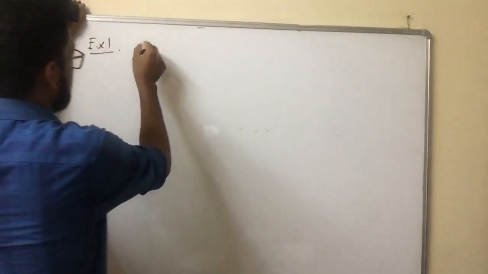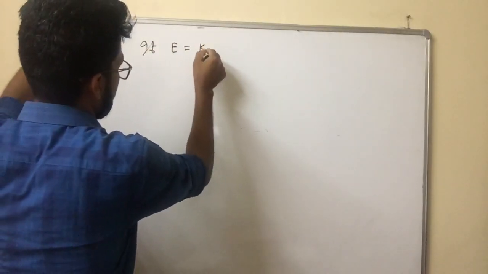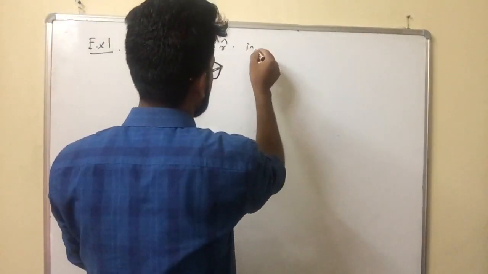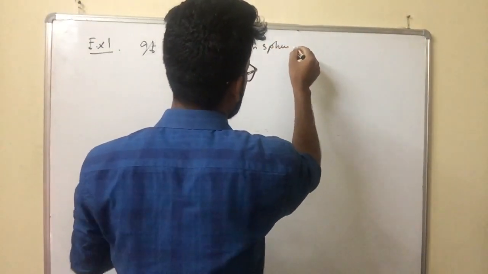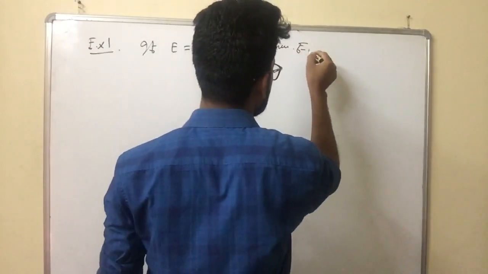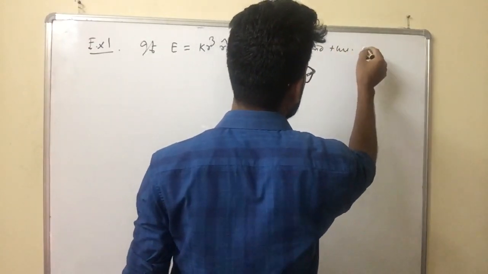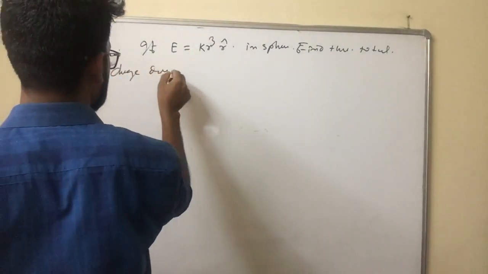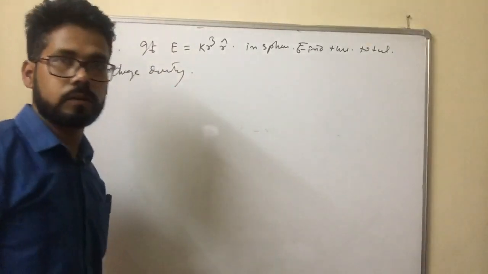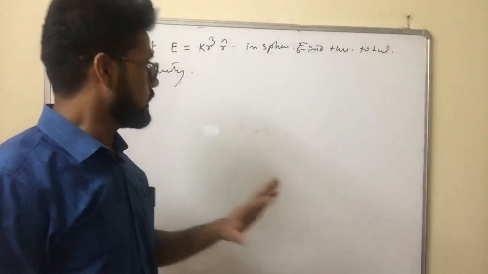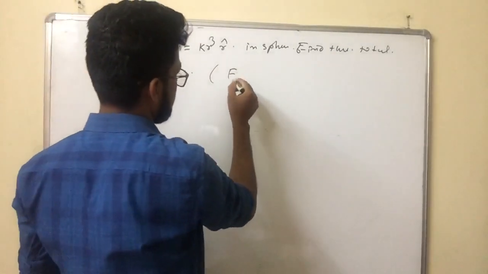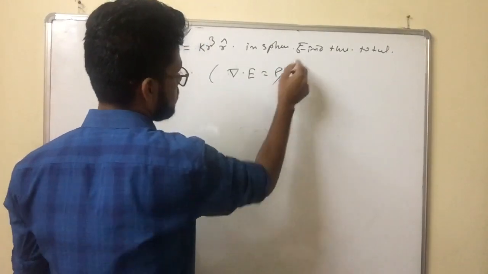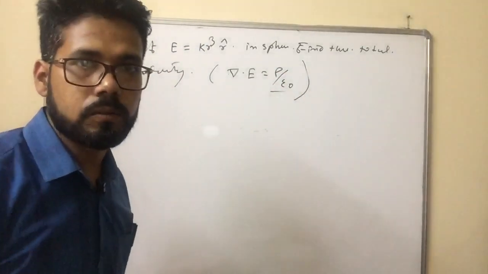In application, if the electric field is equal to k r cube r cap in a rectangular system, in a sphere, find the total charge density. This question comes in an exam. How can you find it? See, the hint is given: divergence of E equal to rho by epsilon. First we have to calculate rho.